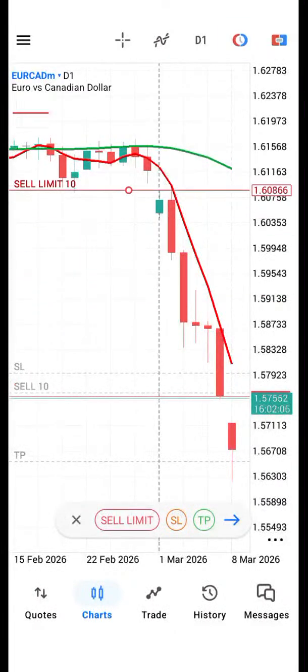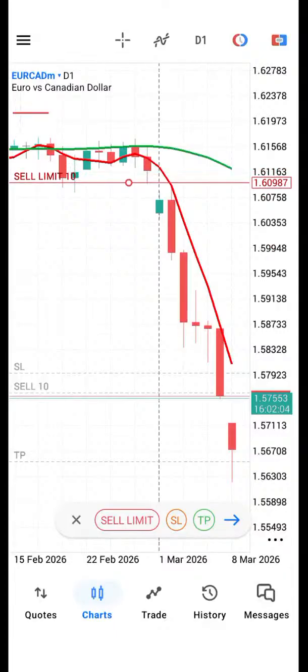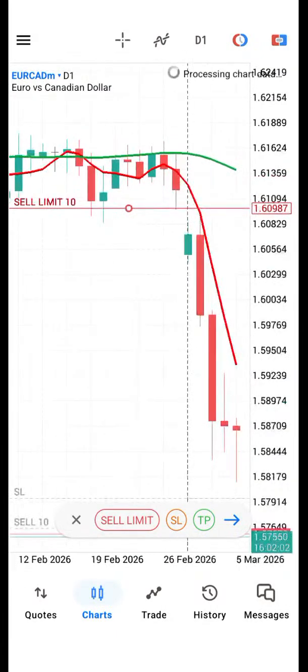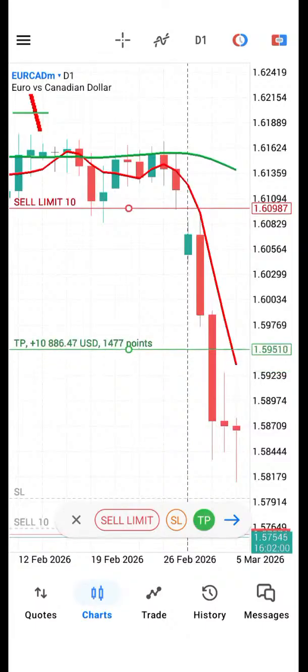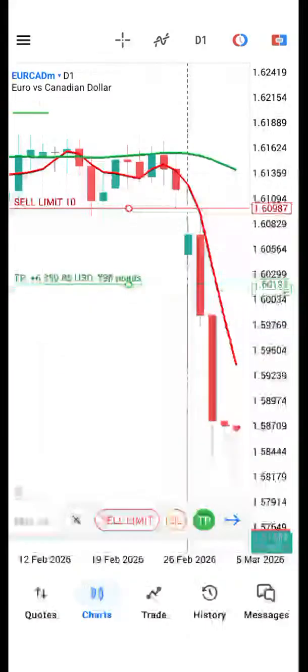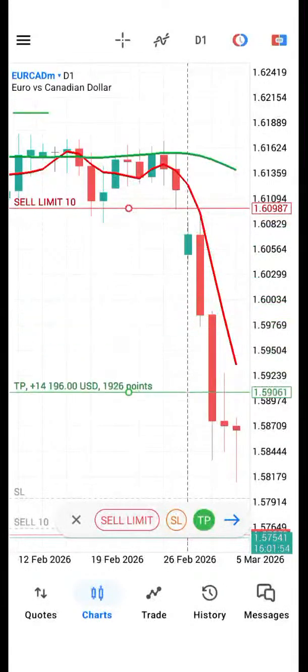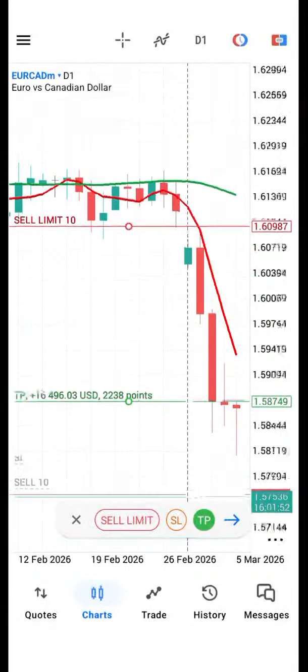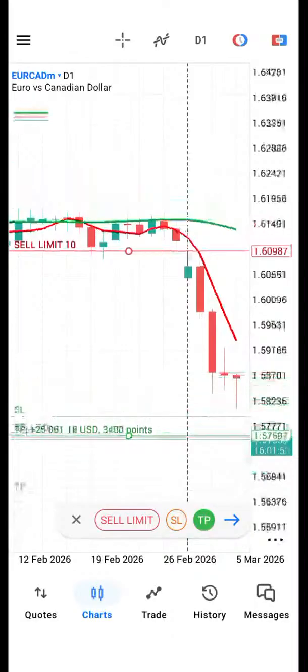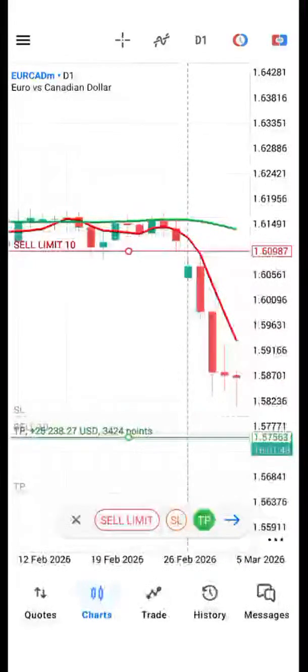Bro, imagine me now selling with 10 here. I sold with 10 here, and Jesus Christ. Boom. 9K. And down to this extent, we're still at 25K, bro. Imagine that. Can you beat that?